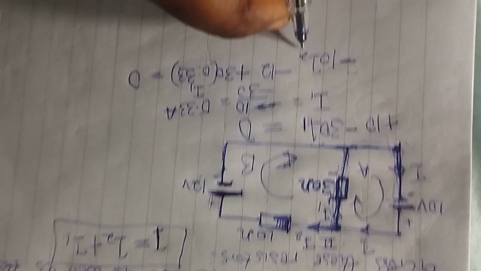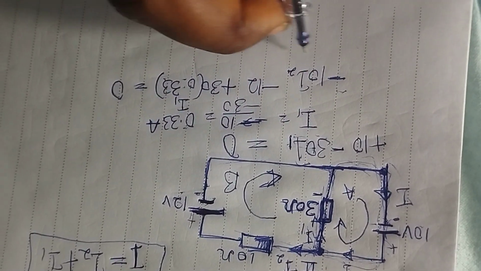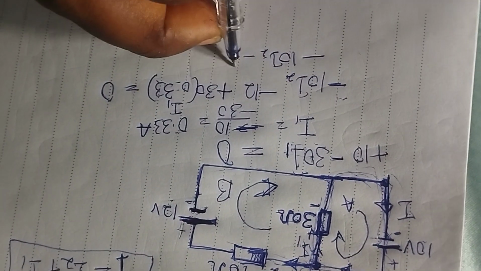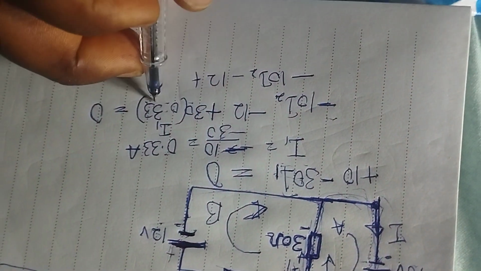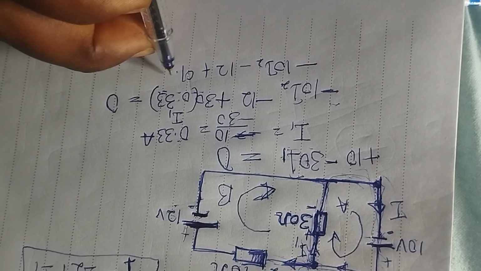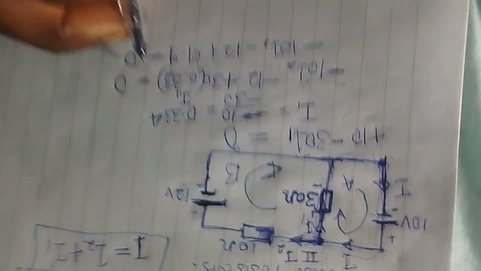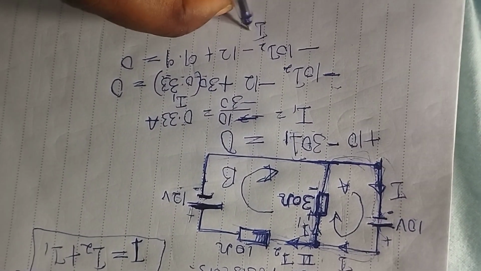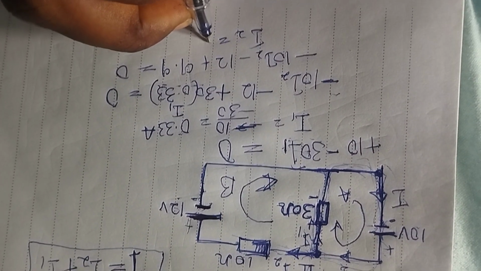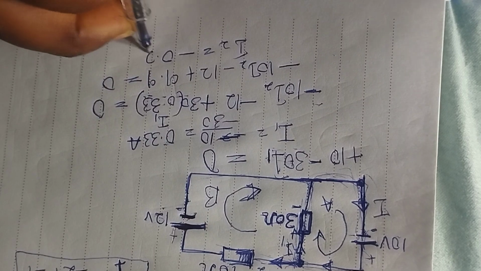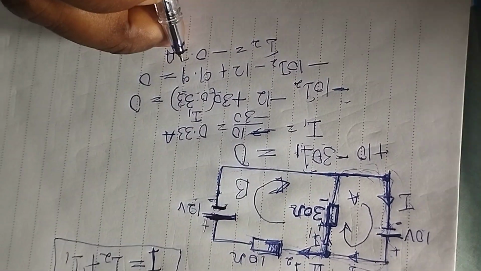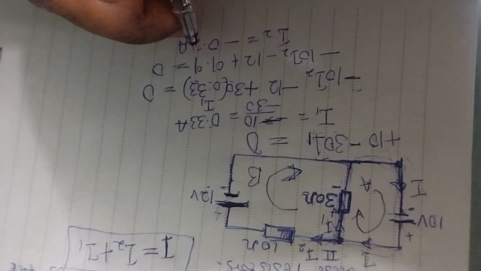So we can now solve for I2. I have minus 10 I2 minus 12 plus 30 times 0.33, which gives 9.9, everything equal to 0. Making I2 the subject of the formula, everything will result to minus 0.2 ampere. So I2 is equal to minus 0.2 ampere.